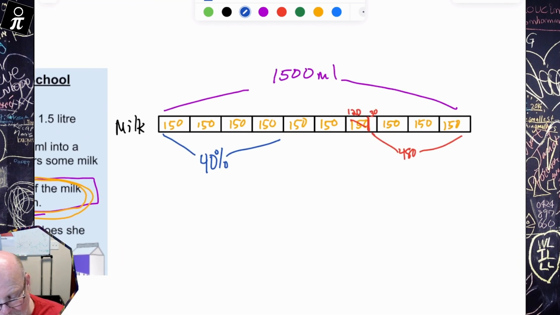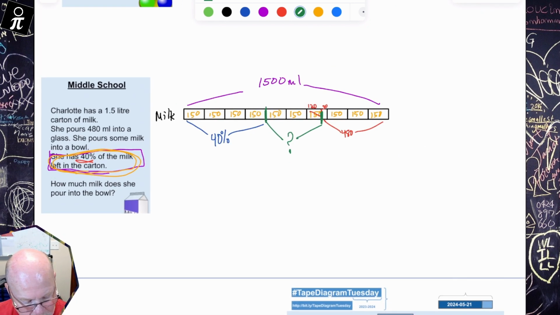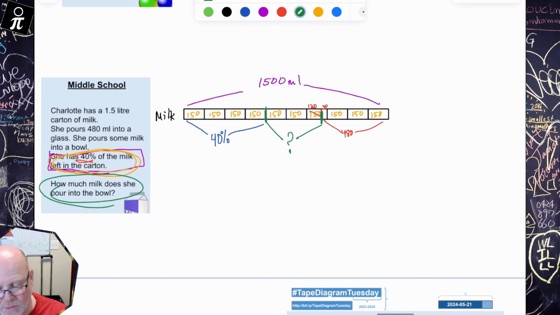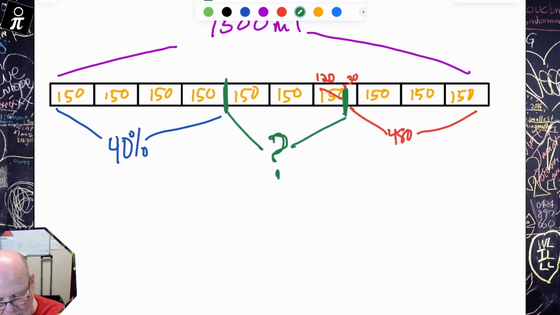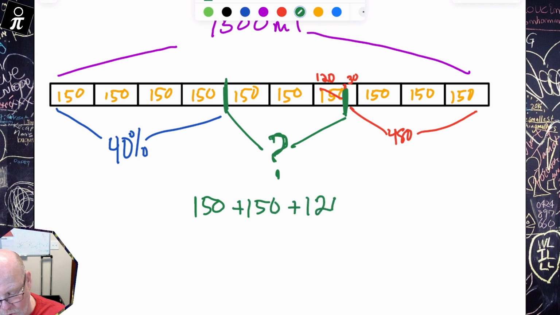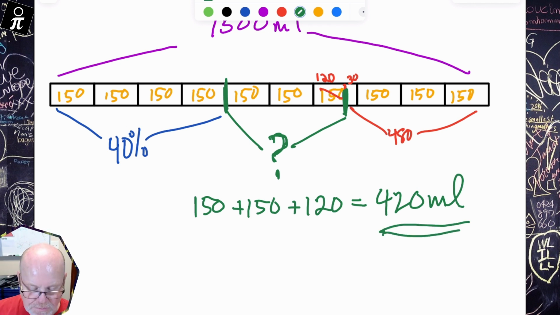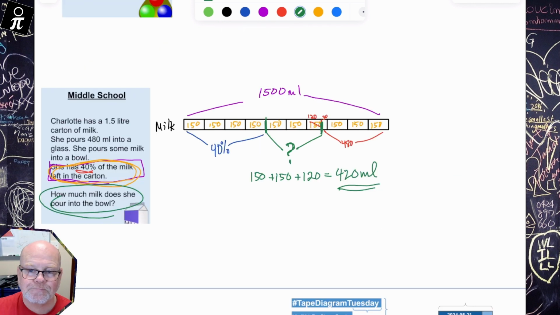So that tells me from here to here is how much she poured into the bowl. So how much does she pour into the bowl? That's where the answer lives, right here. And all we have to do is add 150 plus another 150 plus 120. That gives me 420 milliliters of milk is how much she poured into the bowl.